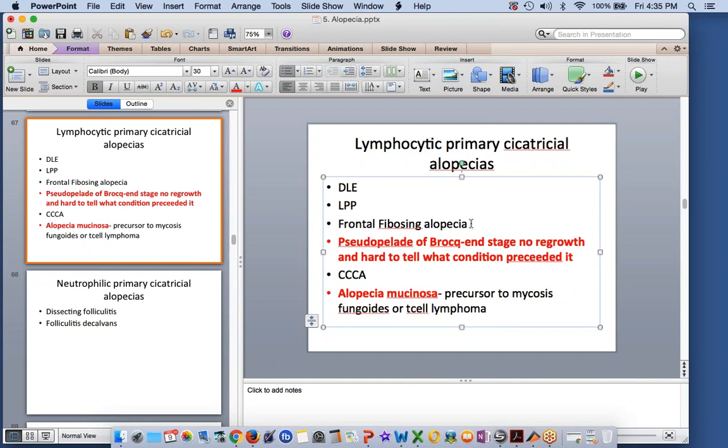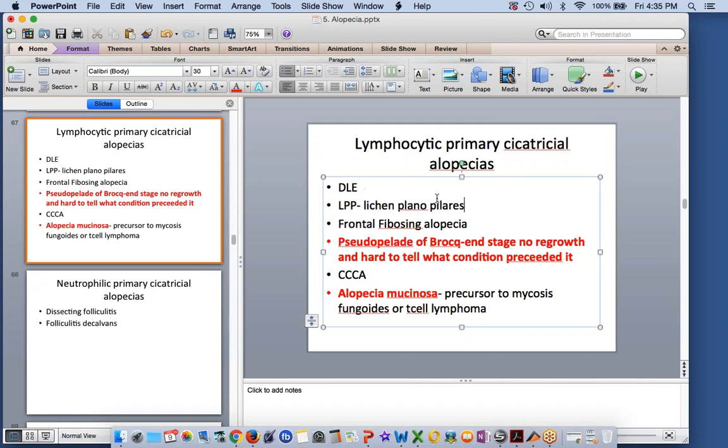And frontal fibrosing alopecia is one of its own diagnoses, and lichen planopilaris is this, and that. Then you've got discoid lupus erythematosus. That's lichen planopilaris.